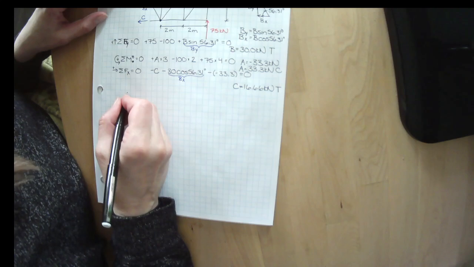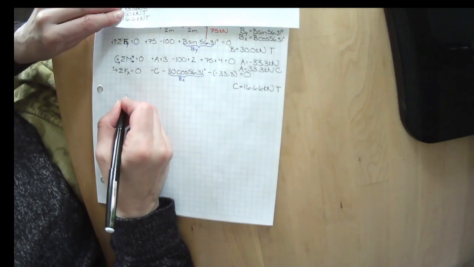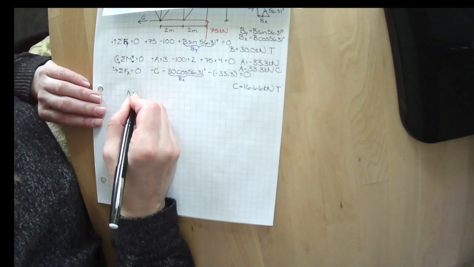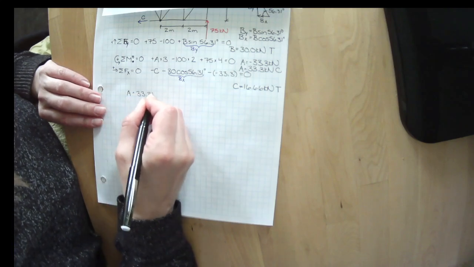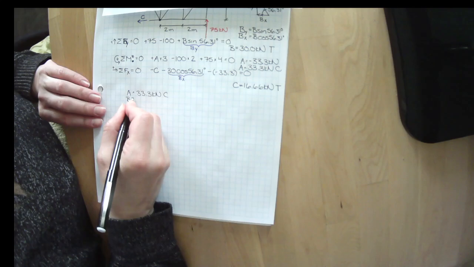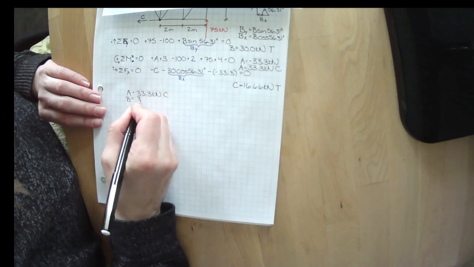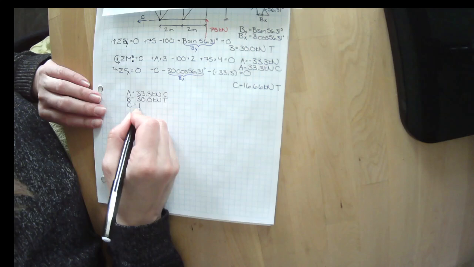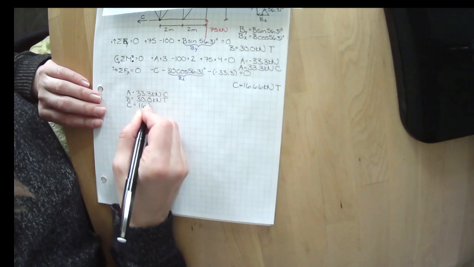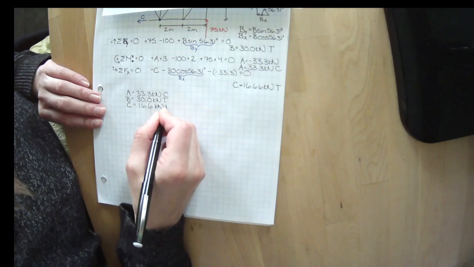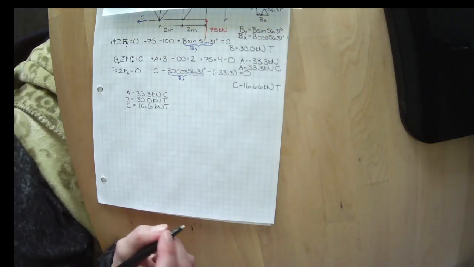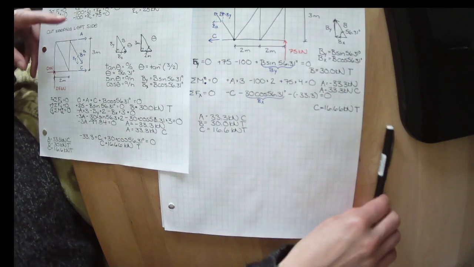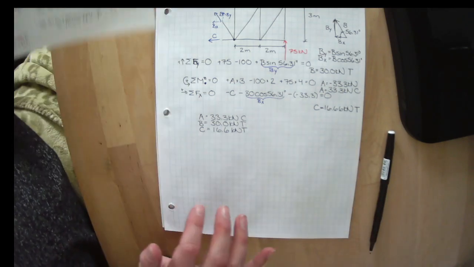So I still, no matter what way I do it, get A equals 33.3 kilonewtons in compression, B equals 30 kilonewtons in tension, and C equals 16.6 kilonewtons in tension. So it didn't matter if I kept the left side or the right side, I got the exact same values.